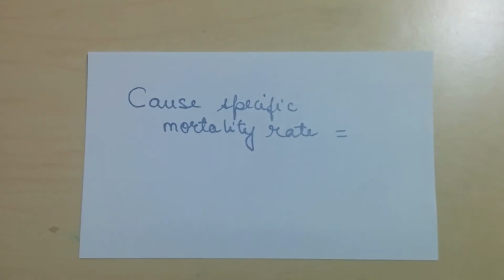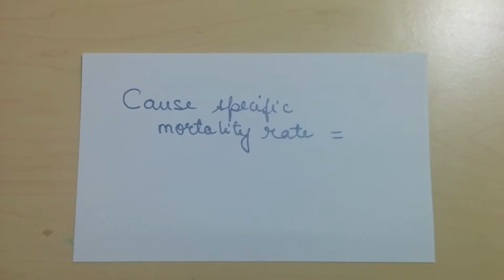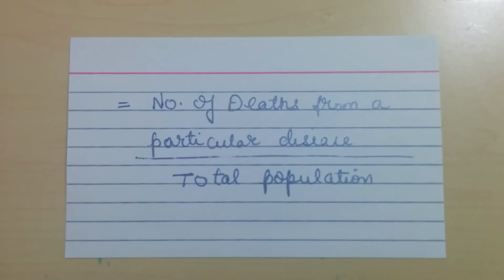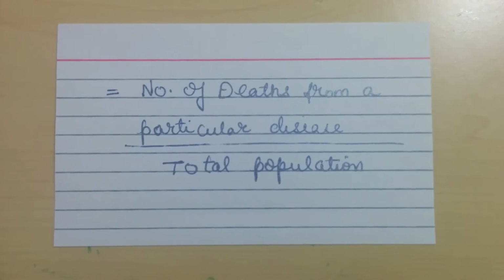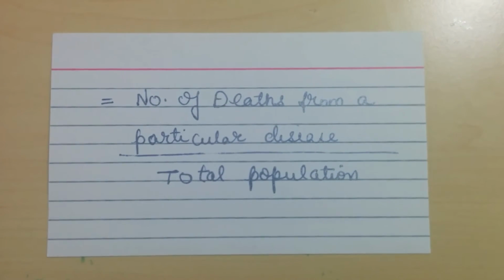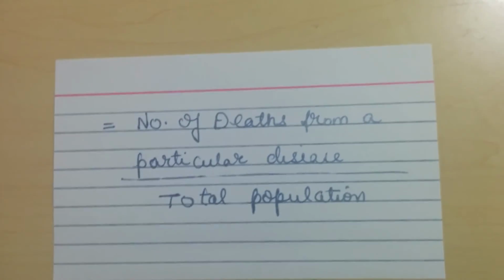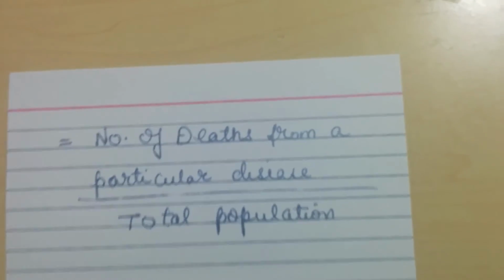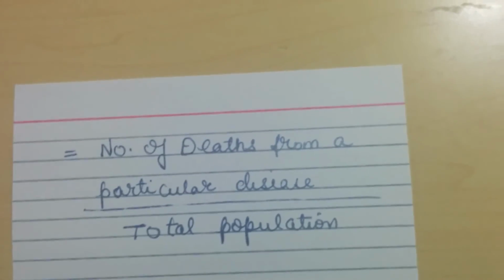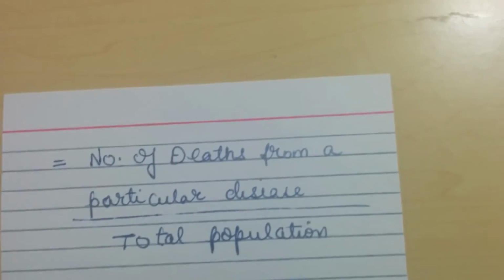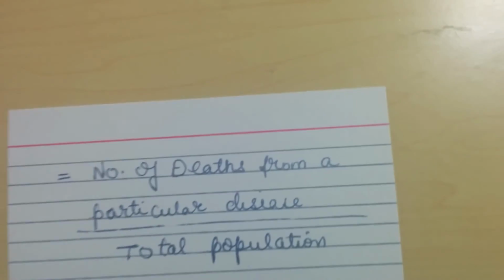Next, case-specific mortality rate. Case-specific mortality rate is the number of deaths from a particular disease or case over the total population, and this is very different from what we studied. Just a second.